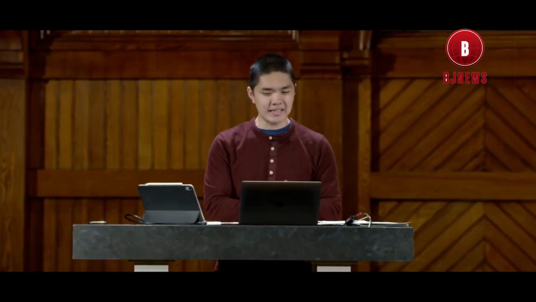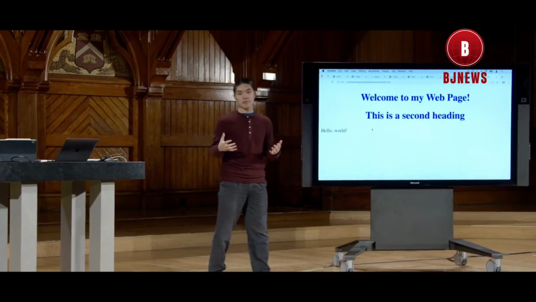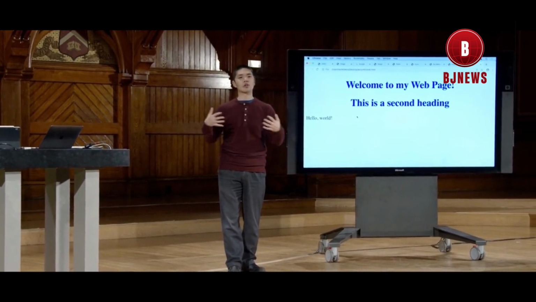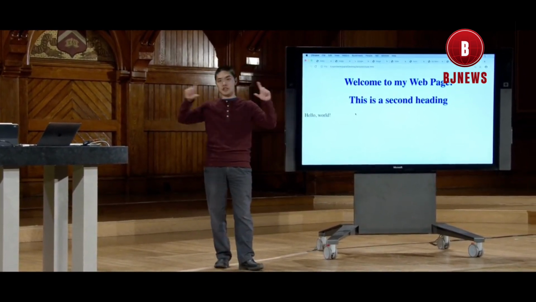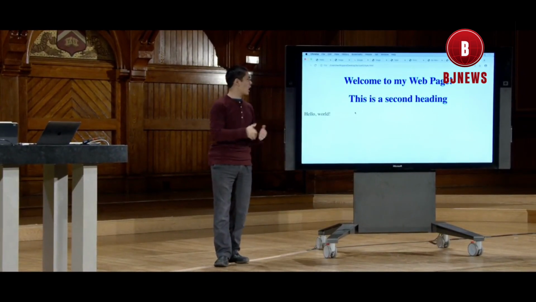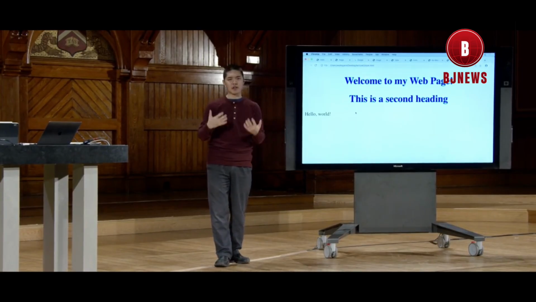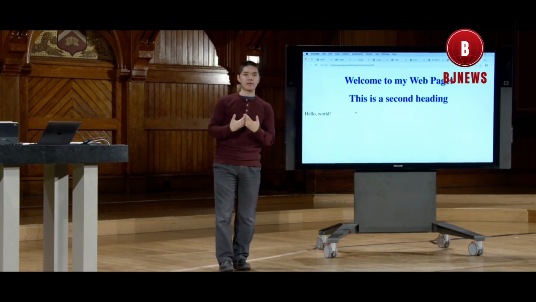But it turns out that we can even do a little bit better than this. Because one thing you might imagine is that if I have a web application or a website that has multiple different web pages, it's likely that each of those web pages might need to be styled in similar ways. If I have a big banner at the top of one web page, then in other pages related to that page, I might want the same banner styled in the same way using similar style information.